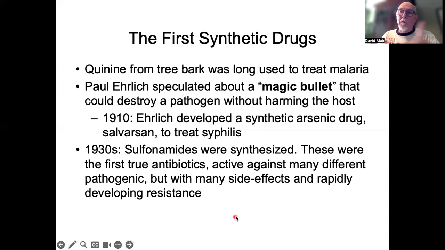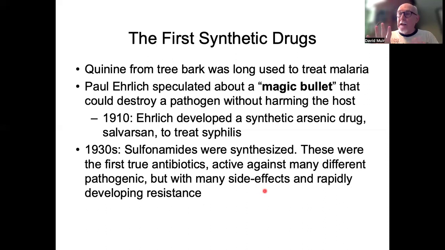But the problem with them was that they had many side effects. They were very toxic. And second of all, the bacteria that they acted against very rapidly developed resistance. After a while, the bacteria developed genetic mechanisms to evade the sulfonamides.